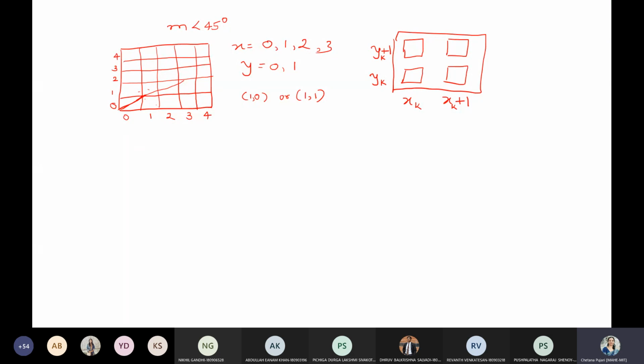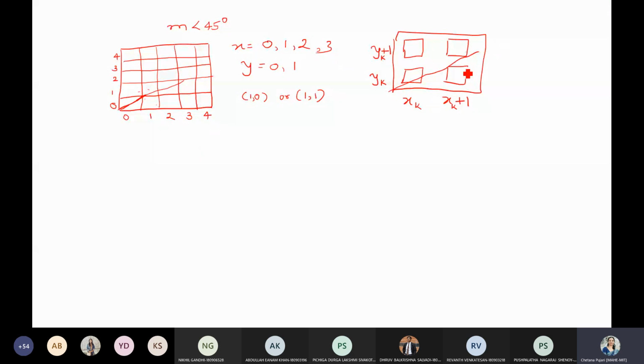So when you are drawing a line, if your line is passing like this, you're not sure whether I have to consider this pixel or this one, right? In case of DDA, we perform some round off function, and accordingly you select either this or this.